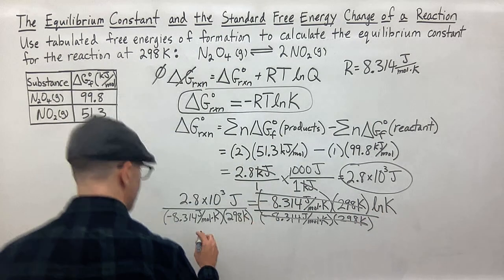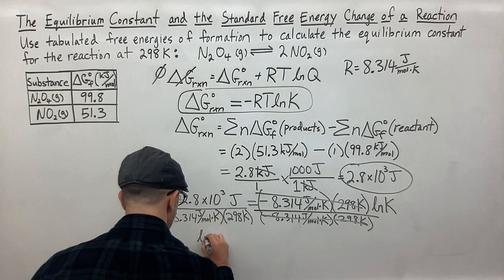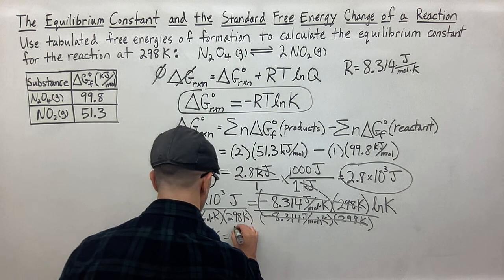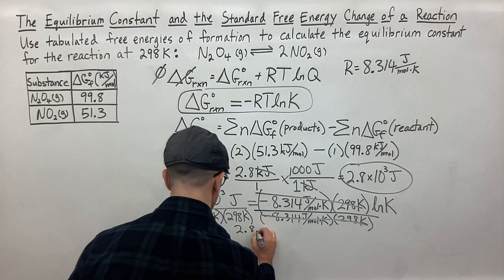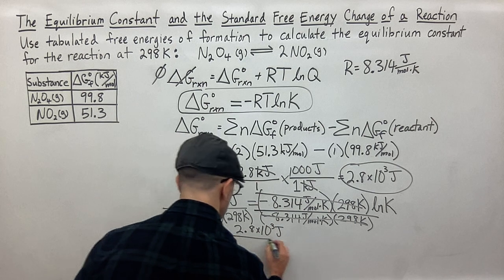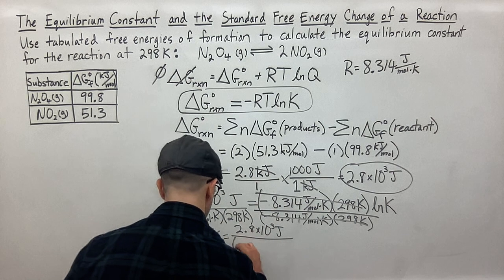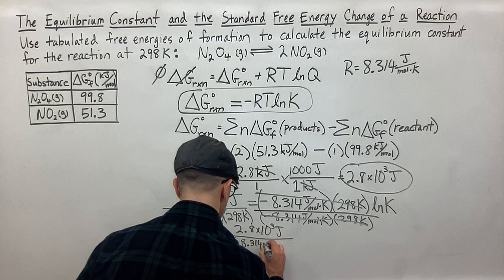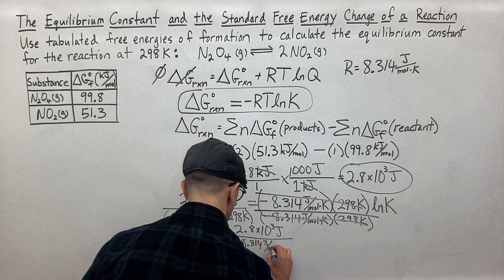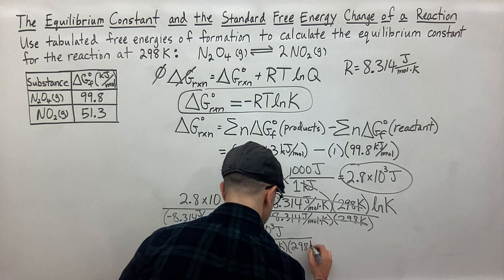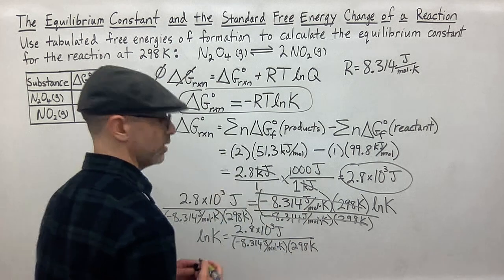So I'll rewrite this as ln of K is equal to this. I'll write this as 2.8 times 10 to the third joules over negative 8.314 joules per mole Kelvin multiplied by 298 Kelvin.